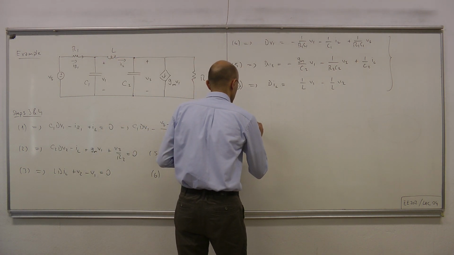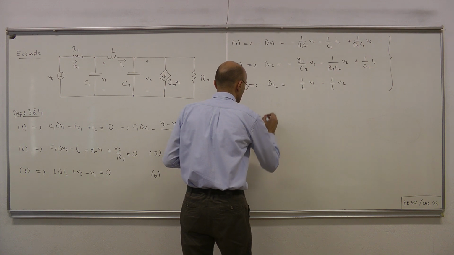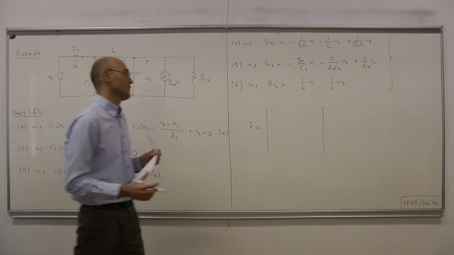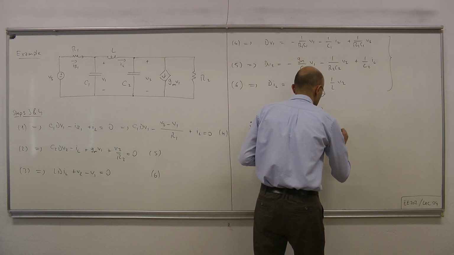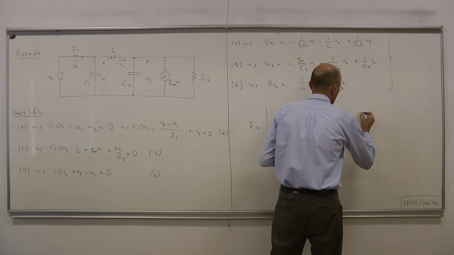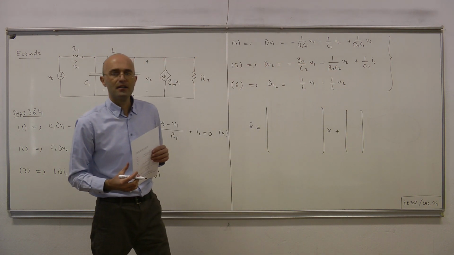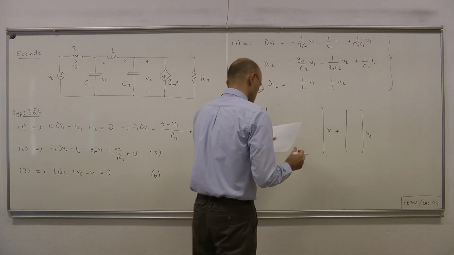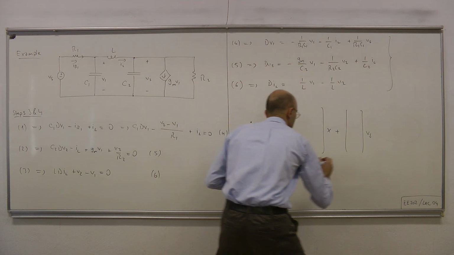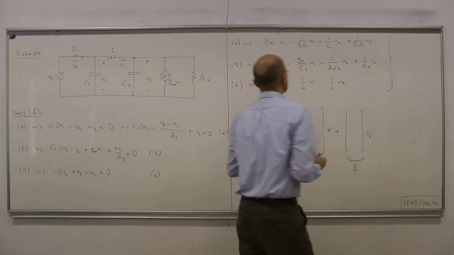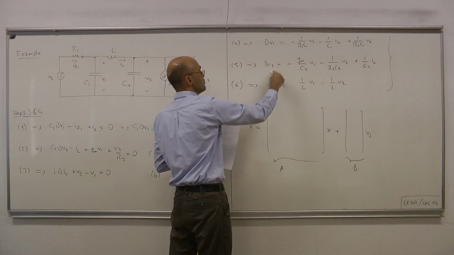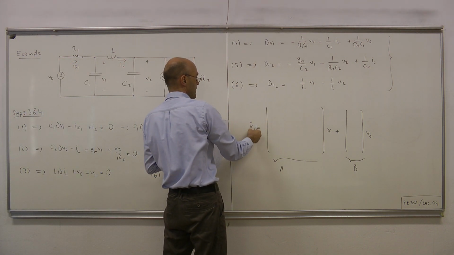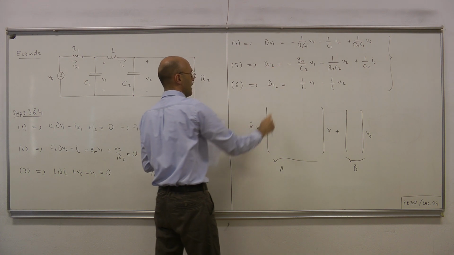So what we have here is x dot equals 3 by 3 matrix A times x plus the 3 by 1 matrix B times Vs. So this is our A matrix and this is our B matrix. And our state choices V1, V2, IL. Okay. So here we already have x dot, okay, V1 dot, V2 dot, IL dot.